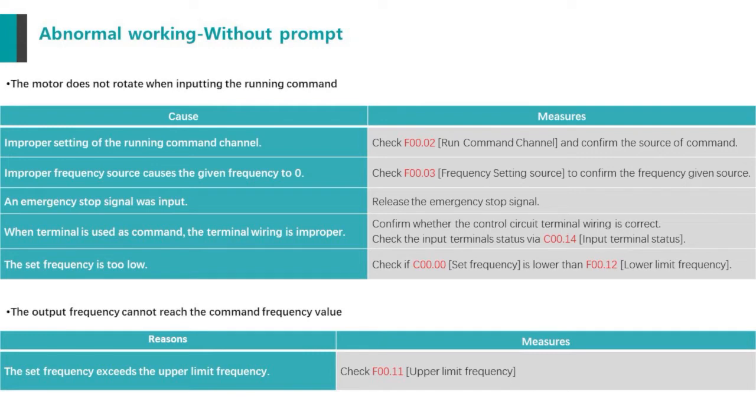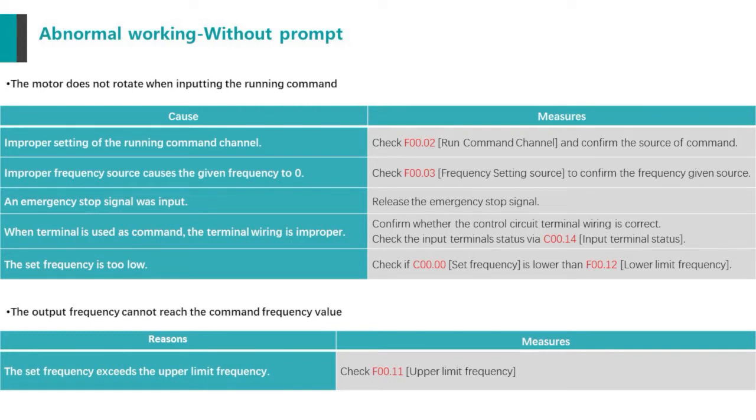If the given frequency is set to 0 due to the wrong frequency given source, or the given frequency is lower than the lower limit, the VFD actually also operates at 0 Hz this time, but the motor still does not rotate. Additionally, an emergency stop signal input will also make the inverter always stop. Only when this emergency stop signal is cleared can the inverter try to run again.